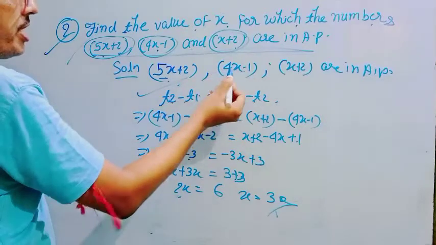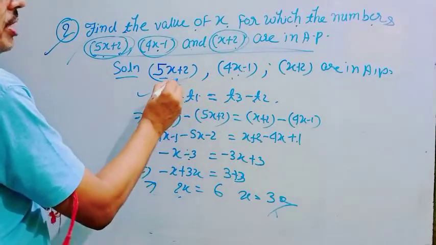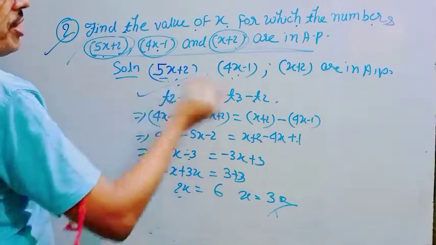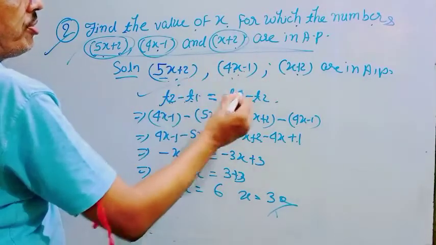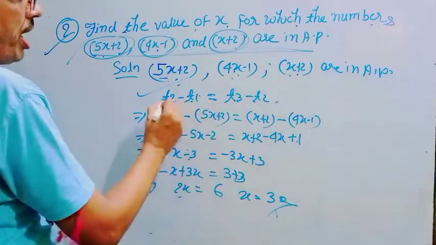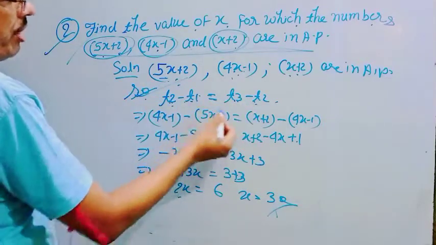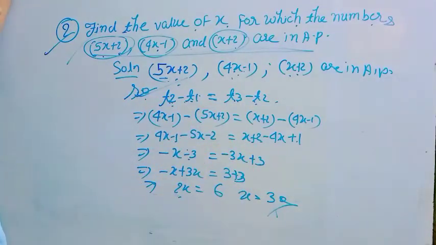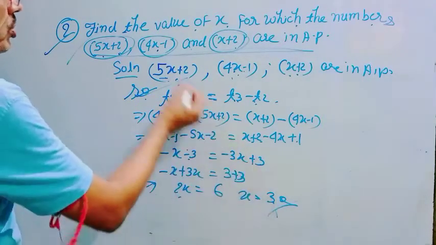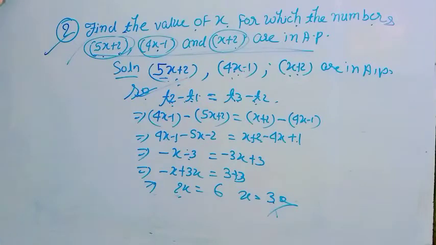It is the condition for being in AP, so you can write it and substitute the values, then you can find the value of x. If your question asks what the numbers are, then you substitute the value of x in the numbers, and you get the numbers.